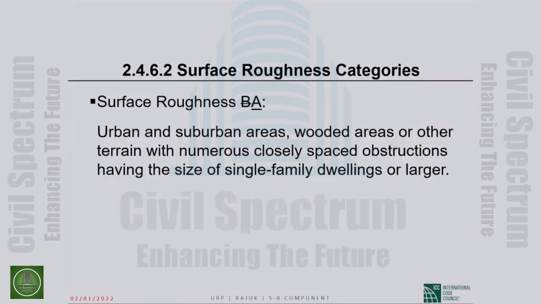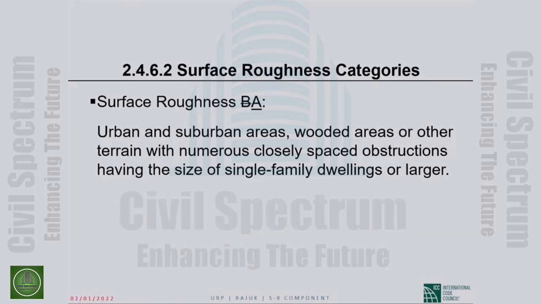Okay. So we have defined in ASCE 7 roughness categories. In ASCE 7 they are B, C, and D. In BNBC they are A, B, and C. So roughness category A is urban and suburban areas, wooded areas, or other terrain with numerous closely spaced obstructions having the size of single family dwellings or larger.